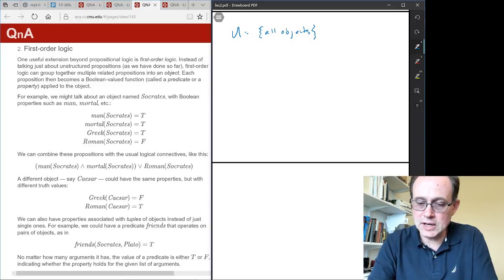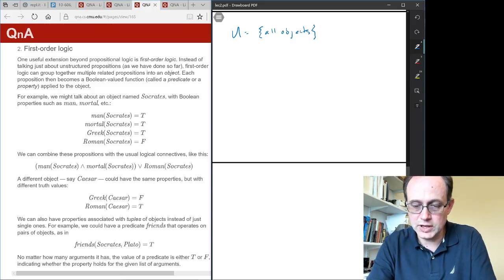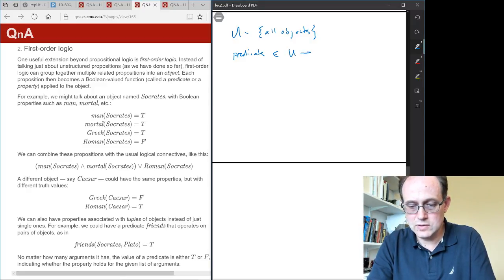Then a property, right, also called a predicate, that's the same as an element of the set U to true or false, right?